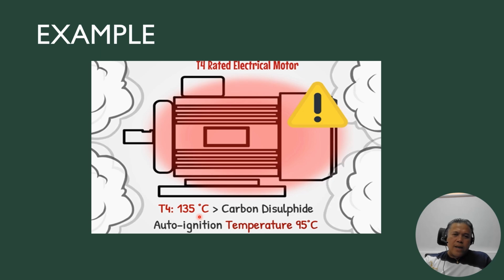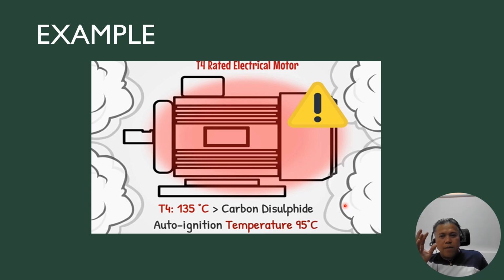All right, and then carbon disulfide auto ignition temperature is 95 degrees centigrade. So if this motor were installed in a location where carbon disulfide with auto ignition temperature of 95 degrees is present, the result will be explosion.